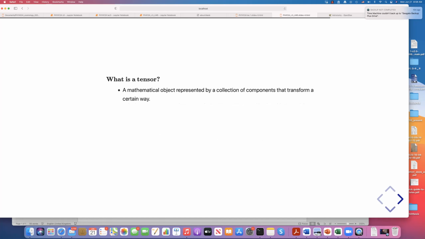Right. Now we can look at tensors in different ways, but I have mentioned two here. A tensor can be introduced as a mathematical object represented by a collection of components that transform in a certain way.